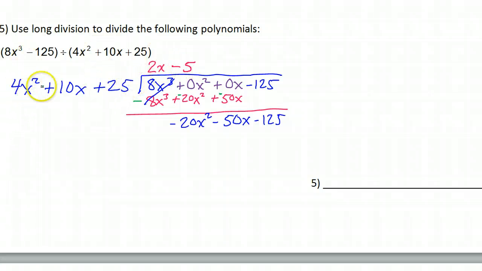Negative 5 times 4x squared, of course, is negative 20x squared. That's what we planned out. But negative 5 times 10x is negative 50x. Okay, and then negative 5 times 25 is negative 125.